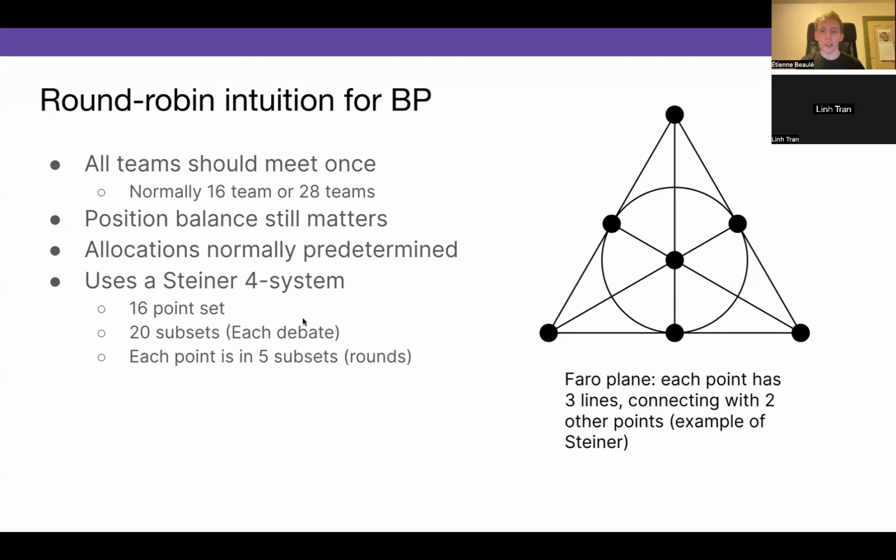So what we do is give each team a point, and then we can put a line through them. This line has 3 points, and this point has 3 lines going through it, so this would be a debate, this would be a debate, and this would be a debate. Even if this is just an example with 3, you can add extra points, like a fourth point here.